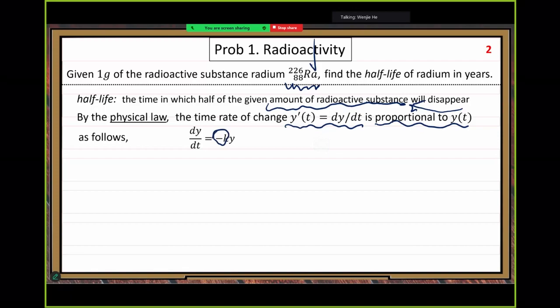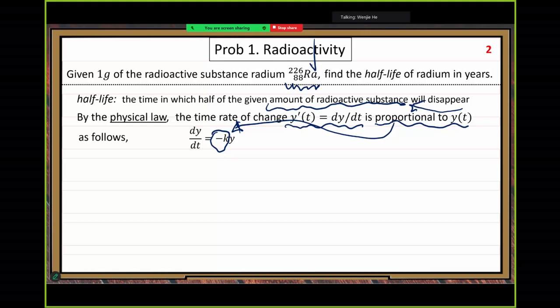But why use negative K here? Because in order to see decay, the negative refers to the amount decreasing.